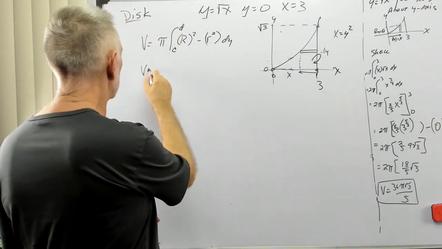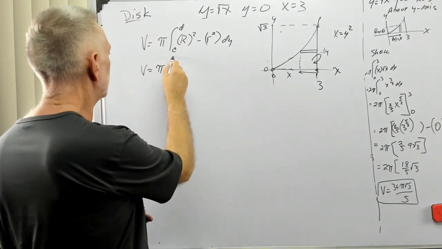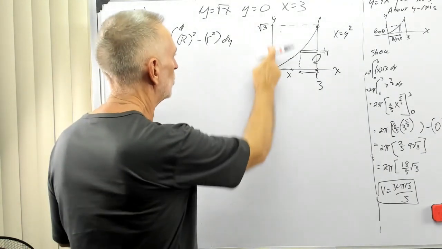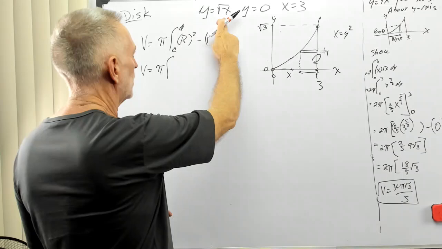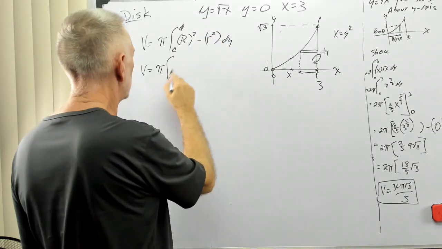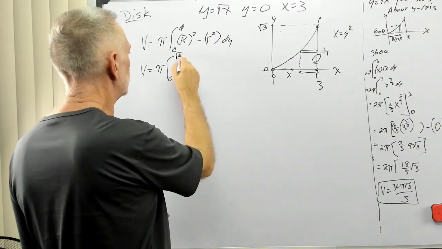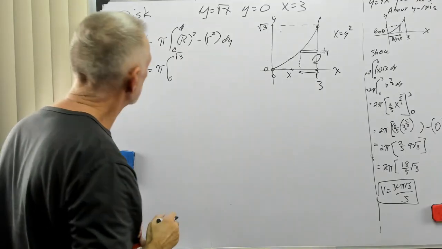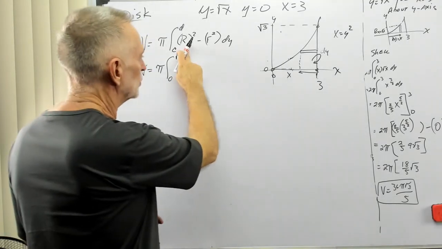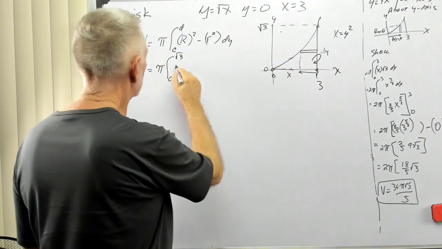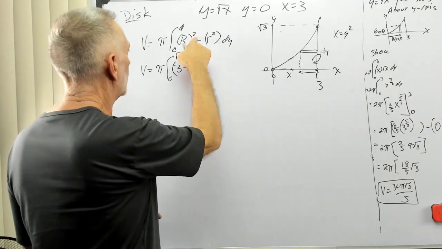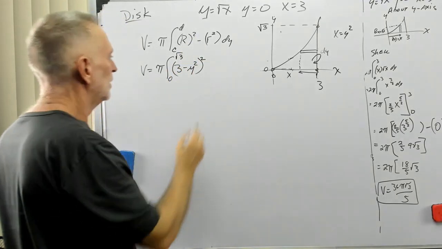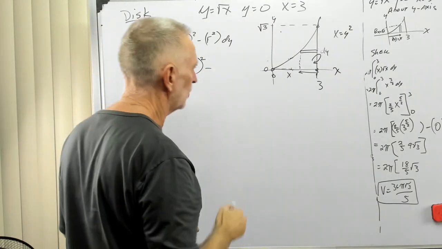So my volume is equal to pi times the integral from 0 to, when x is 3, square root of 3 equals y. So we're integrating from 0 to square root of 3 of this major radius, 3 minus y squared, minus the minor radius.